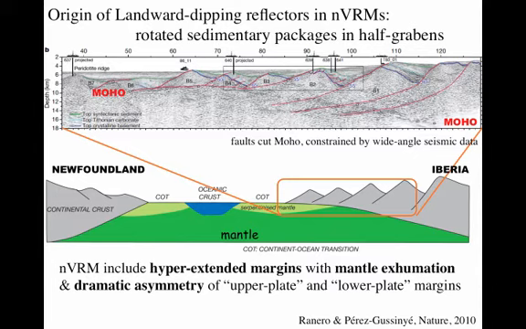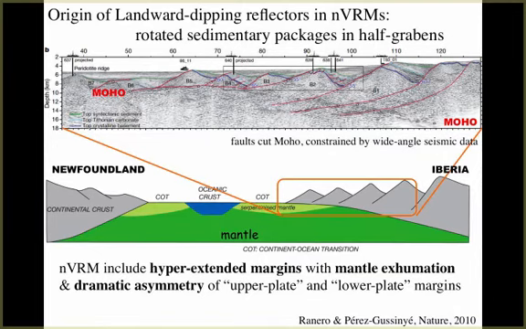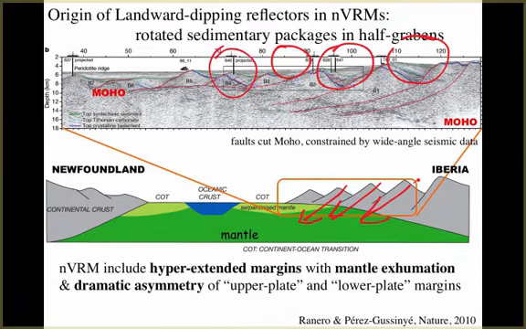Now, the origin of the landward dipping reflectors in non-volcanic rifted margins is from rotated sedimentary packages and half grabens. So we have the normal faulting that is helping to extend the crust, and those half grabens are filled with sediments that are being deposited in the basin that results.